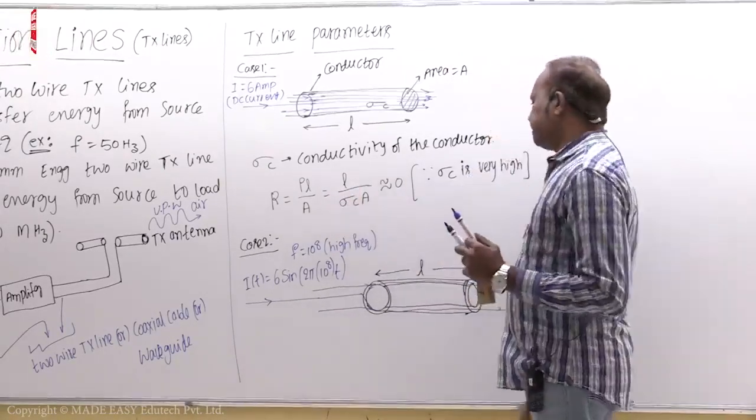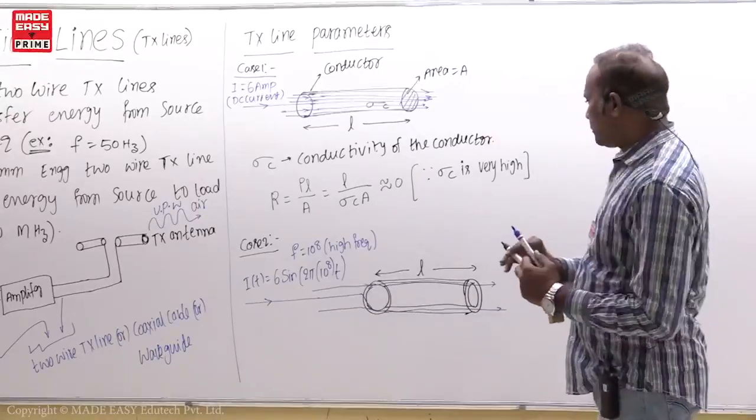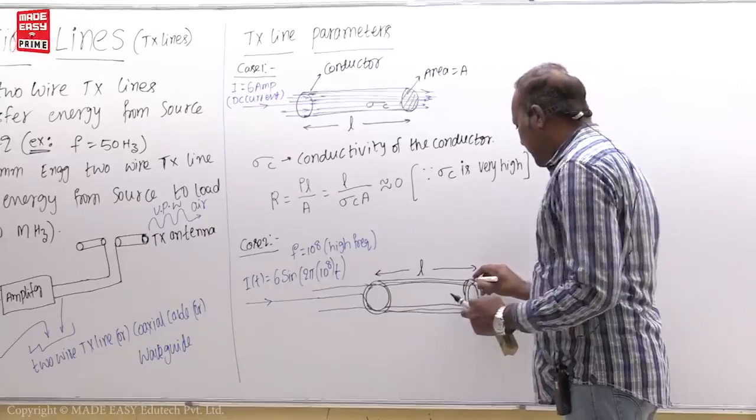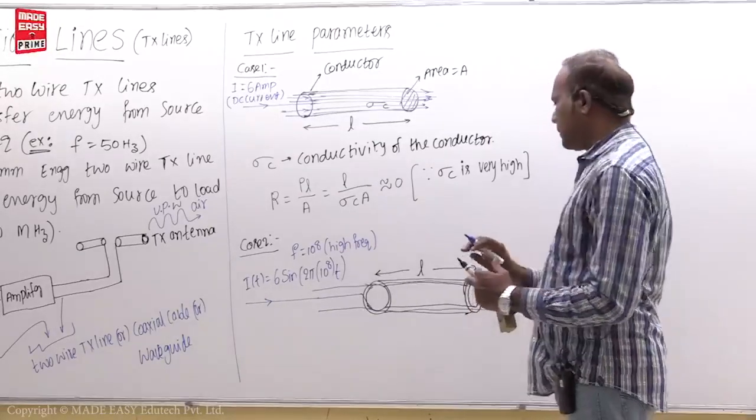Anyway, now here the area utilized by this current is only A dash.